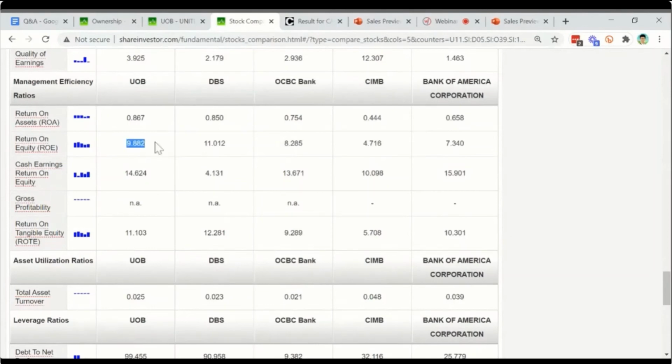But it's also a commendable ratio when you compare to CIMB and Bank of America. For the same price to book, it is delivering a higher ROE return. Okay, so this pretty much sums up for me the financial analysis on UOB.